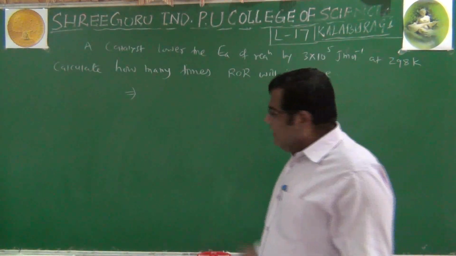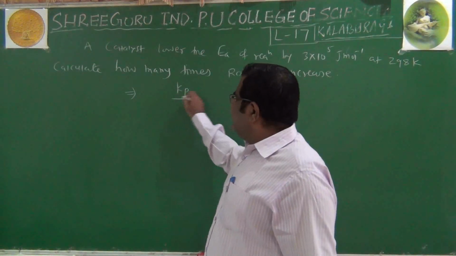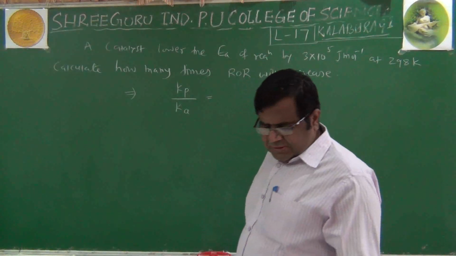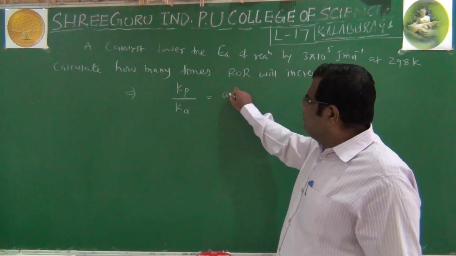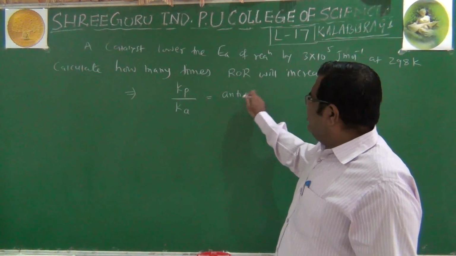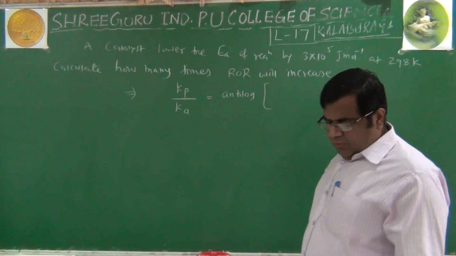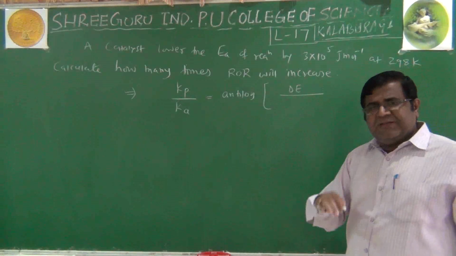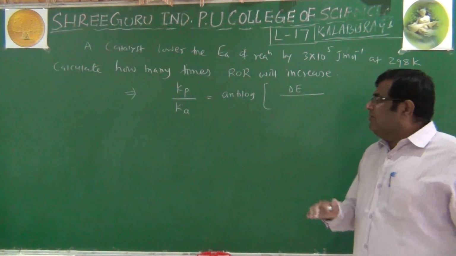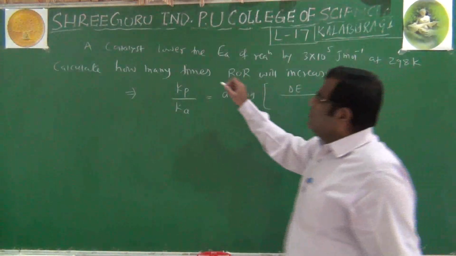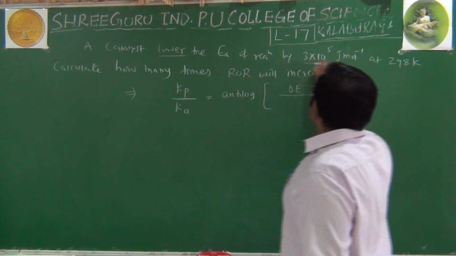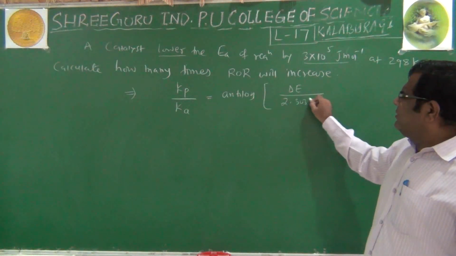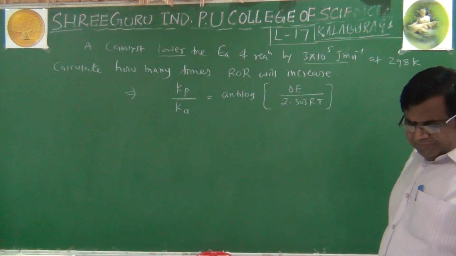So we can say that Kp means rate constant in presence of catalyst, Ka means rate constant in absence of catalyst, is equal to antilog of delta E, the difference in activation energy, the decrease in activation energy in presence of catalyst, divided by 2.303 RT.